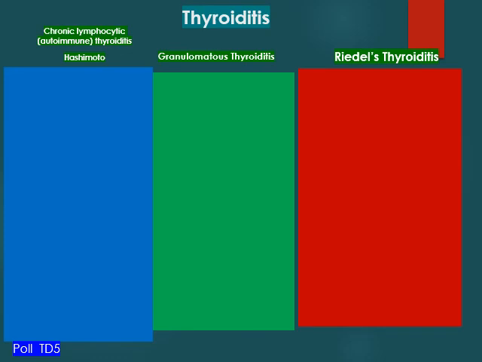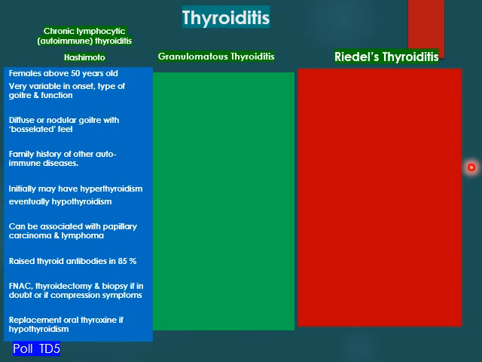This slide shows the three types of thyroiditis which I mentioned. The first one is chronic lymphocytic autoimmune thyroiditis, also known as Hashimoto's thyroiditis. It occurs in females over 50 years of age, with diffuse or nodular goiter, and may have a family history of other autoimmune diseases.